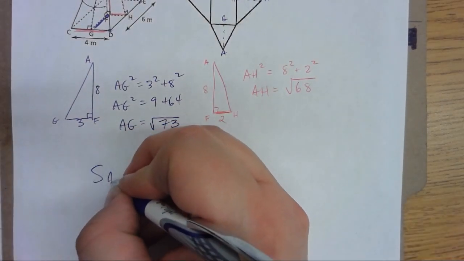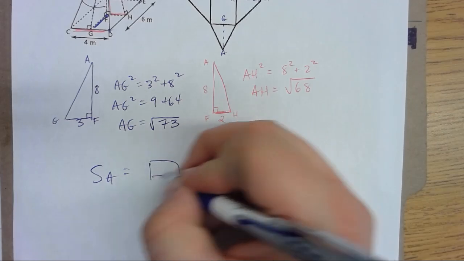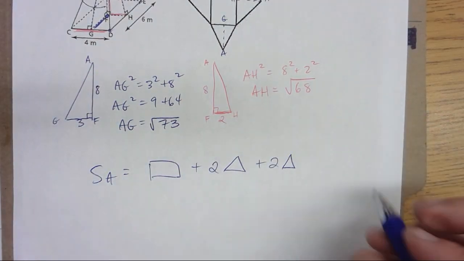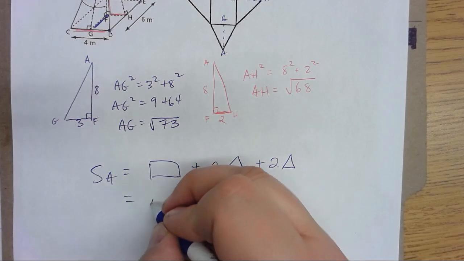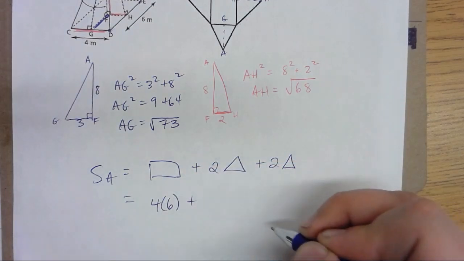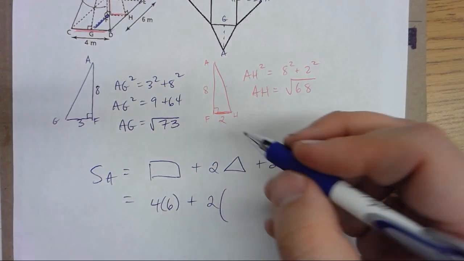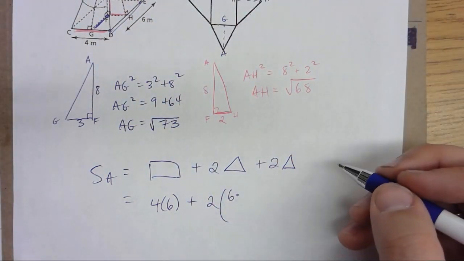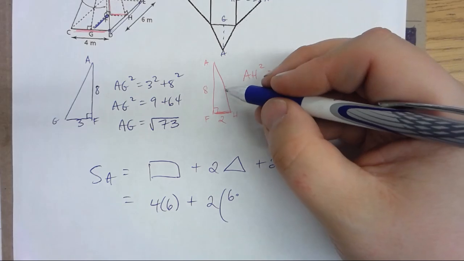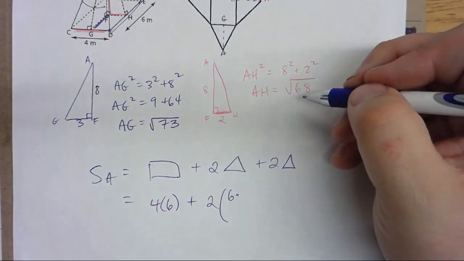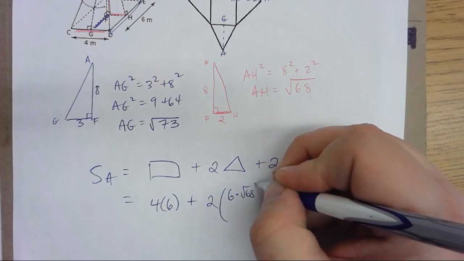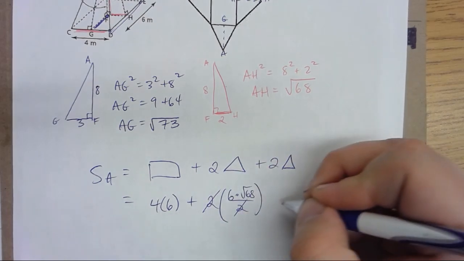All right, I'm ready for the big formula. My surface area is a rectangle plus 2 wide triangles and 2 skinny triangles, which is 4 by 6 plus 2. The wide triangle has a base of 6, a height of this red line here, which is root 68 over 2.